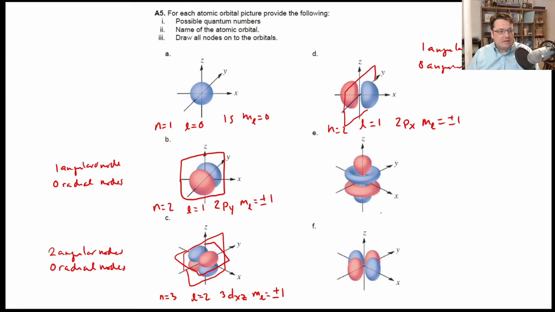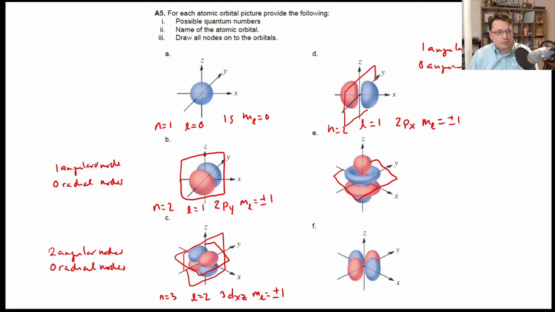For E, now this one looks very, very challenging. The biggest mistake people make in this case is they think that there's a radial node present, but there isn't. What we have is one plane that includes the x and y directions, in the xy plane.